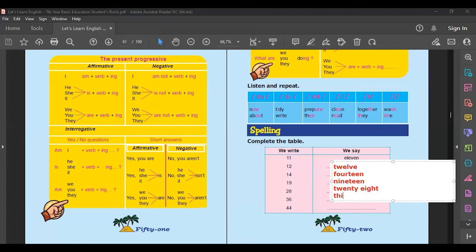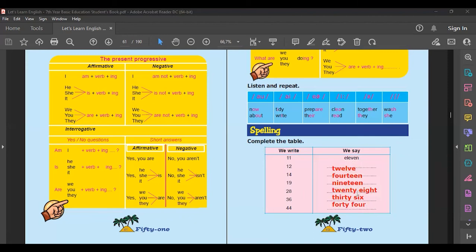Next, we have 36. Next, we have 44. Pay attention to 44. So 14 without the you, and 14 with the you. Pay attention. We have 12, 14, 19, 28, 36, and 44. Okay, move on.